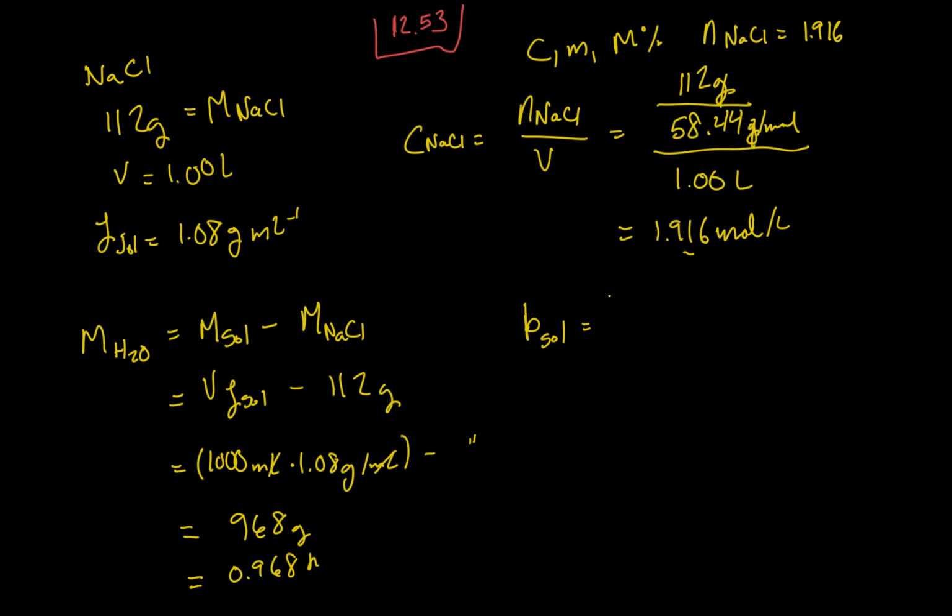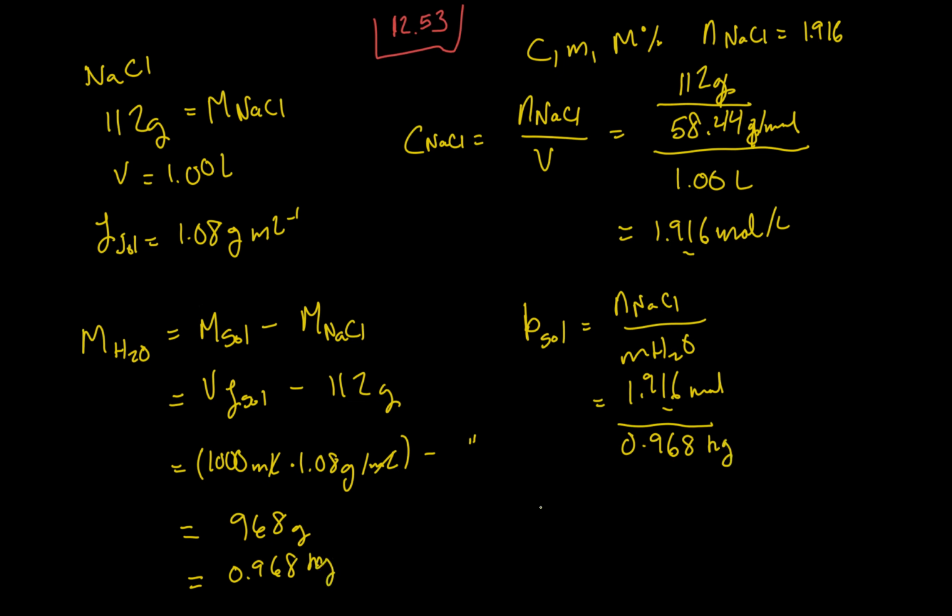Okay, so we're dividing moles of sodium chloride by the mass of the water, which is going to give us 1.916 moles, even though we're confident in 3 numbers there, divided by 0.968 kilograms.